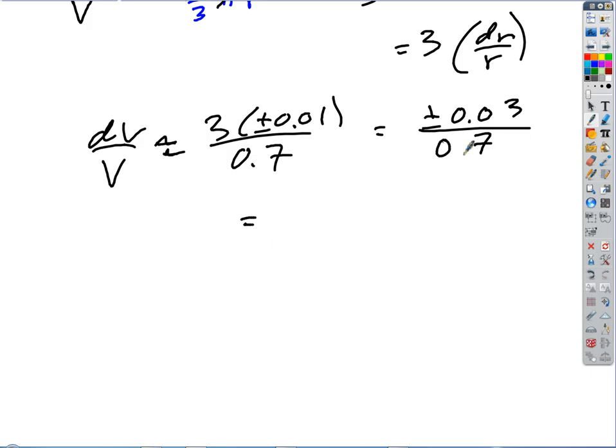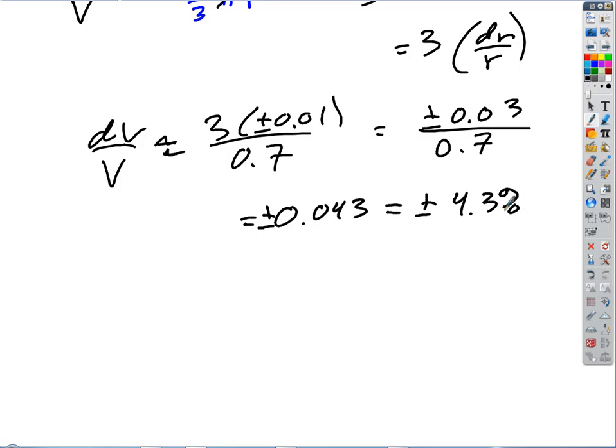Oh, 0.7, sorry. Fantastic. You're right. 0.043, which we probably want to write as a percent. So what is that as a percent? Plus or minus?